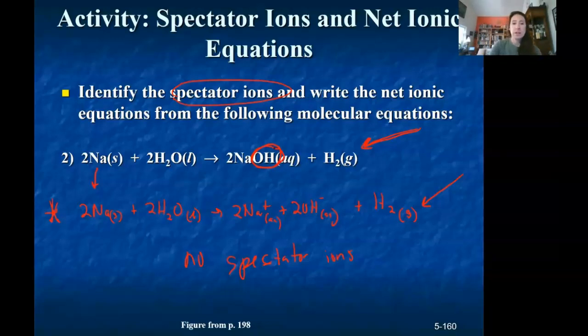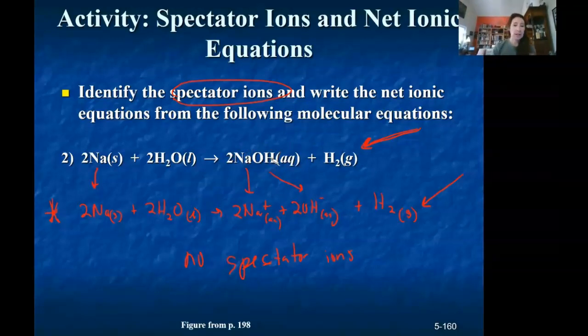So think of this as an Na and an OH. Going like 2 O's and 2 H's, these are not the same. They are not interchangeable. So your polyatomic ions always stay together.